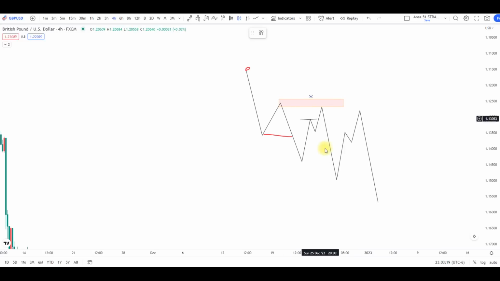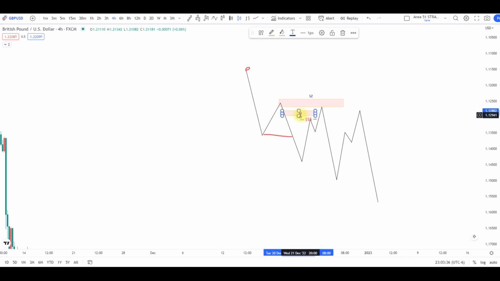Supply is when the market is selling and demand is when the market is buying. So there's a liquidity sitting here before the market reverses from a supply zone. What they do is after the break of structure happens, the price is going to come back, pretending like the supply zone is somewhere here.